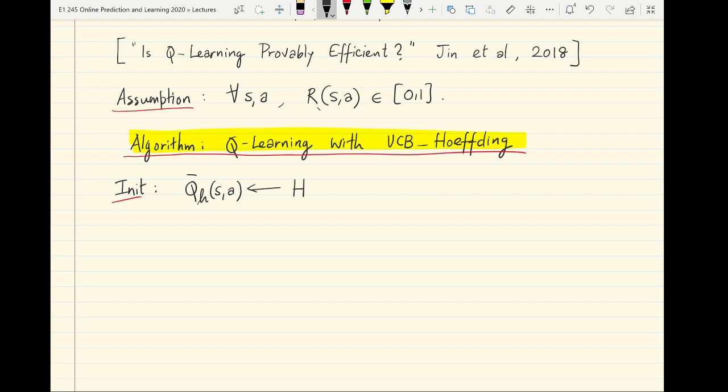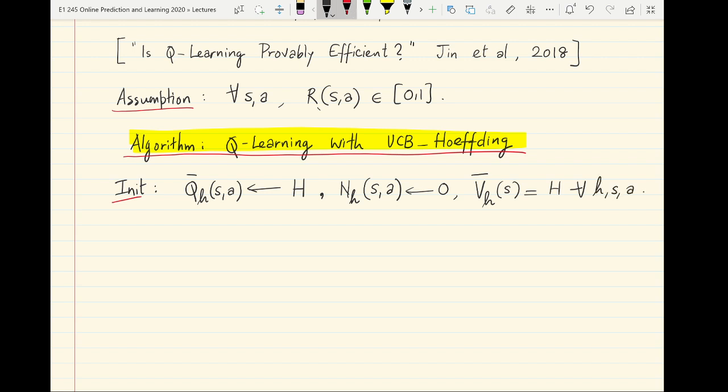So this is like a default UCB for Q star as an initialization. You also initialize play counts of every state action pair corresponding to every step in the episode in the finite horizon to 0, and you also initialize UCBs, upper confidence bounds, for the optimal value functions, which are just a function of the state, again to H, for all h, s and a.